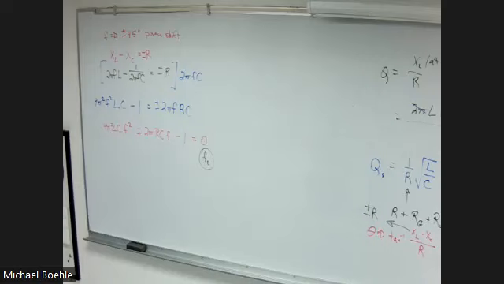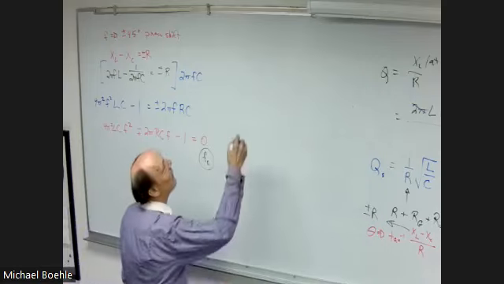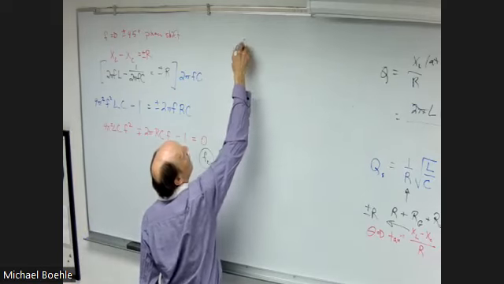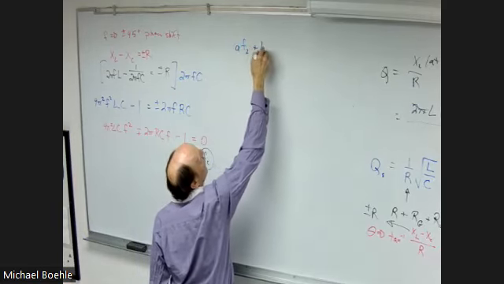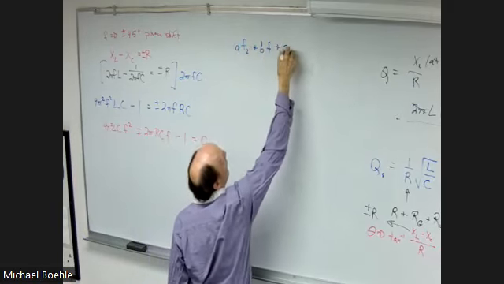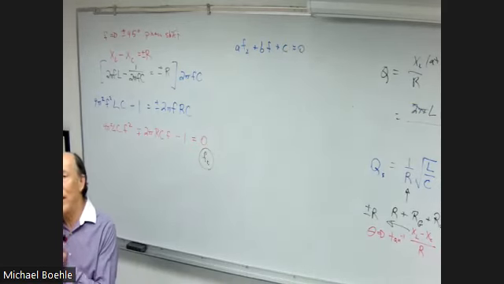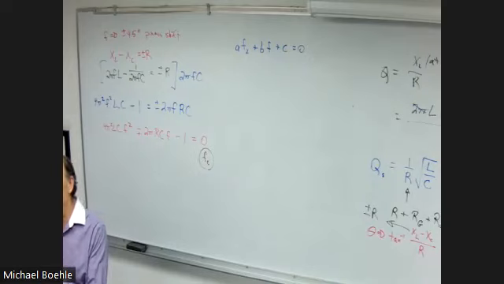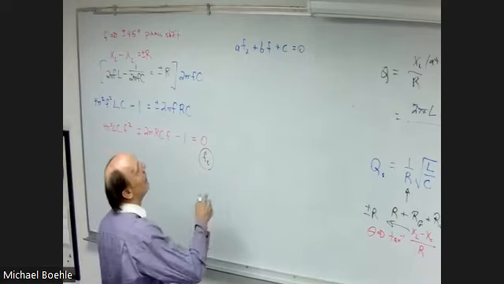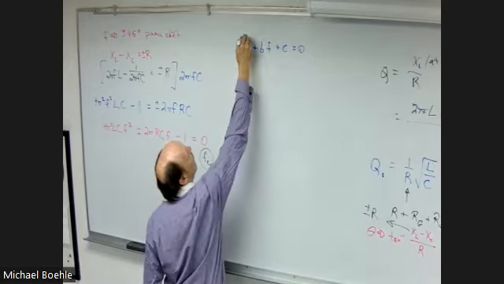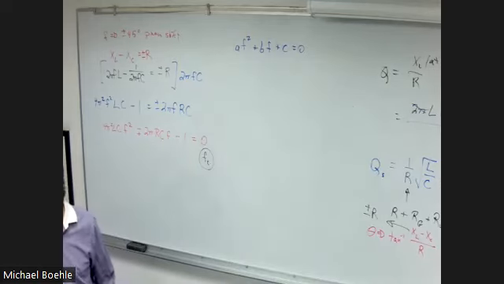So when I have a quadratic equation, quick review, right? A times F squared plus B times F plus C equals 0. That is a quadratic equation. What is the solution of that equation? Oh, I'm sorry, F squared. I put the 2 in the wrong place. What is the solution for that quadratic equation?